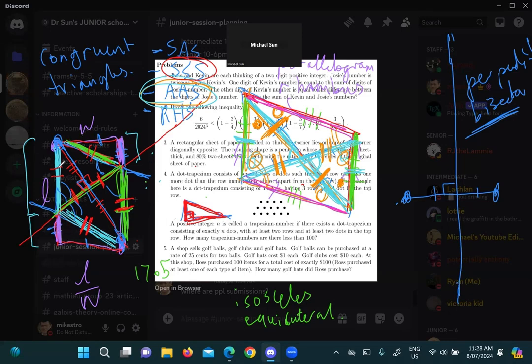So I guess it suffices to find the relationship between the area of the rectangle and the pentagon. Yeah, like how is the area of the rectangle related to the area of the pentagon?